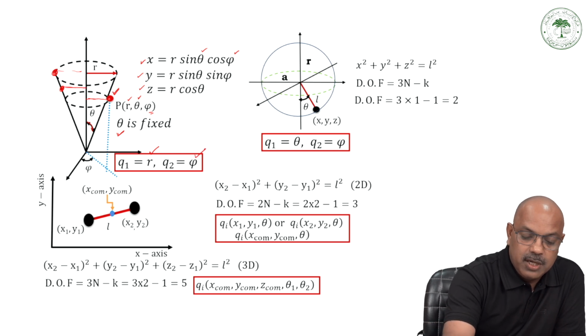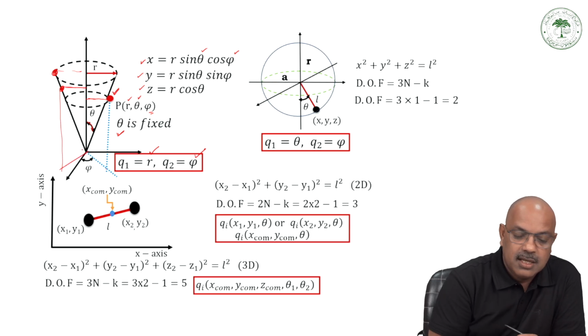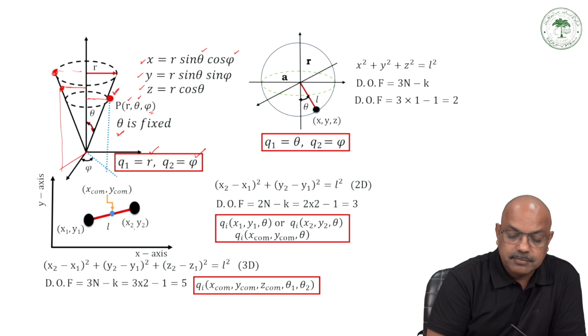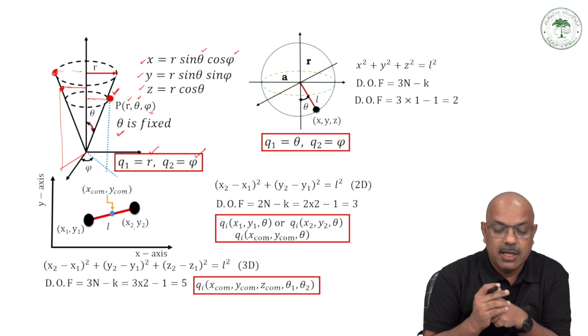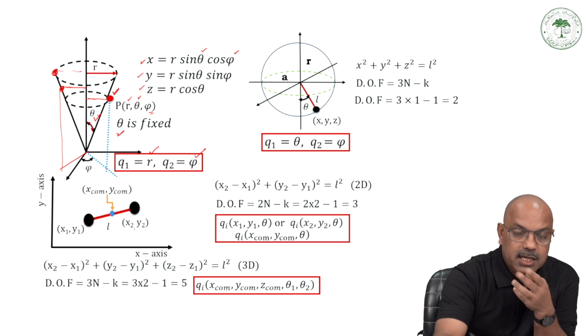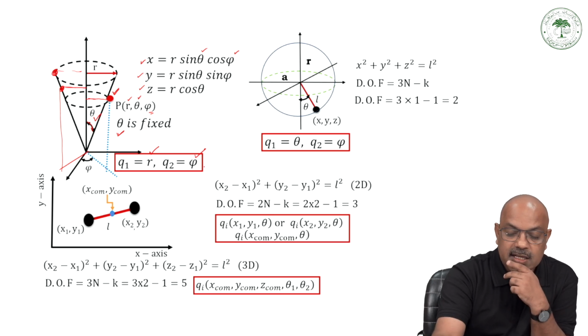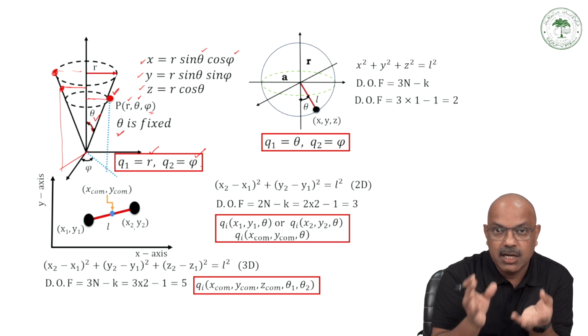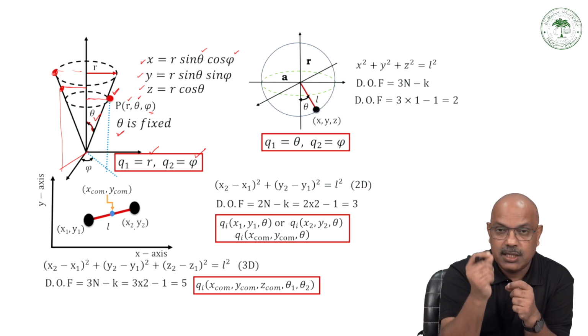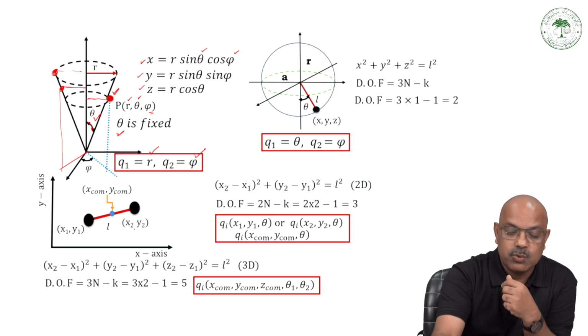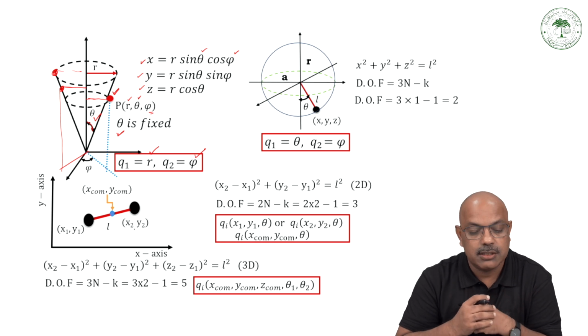Depending on where the particle is, what is the phi of that particle? That depends upon the configuration of the system. So because theta is fixed, these two, r and phi, are going to uniquely give me the configuration of the system where this particle is located on this inverted cone. So these two, r and phi, are going to be the generalized coordinates.